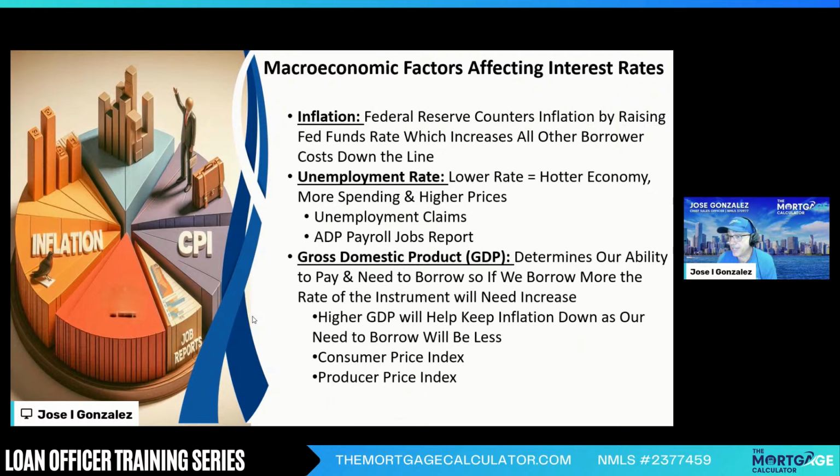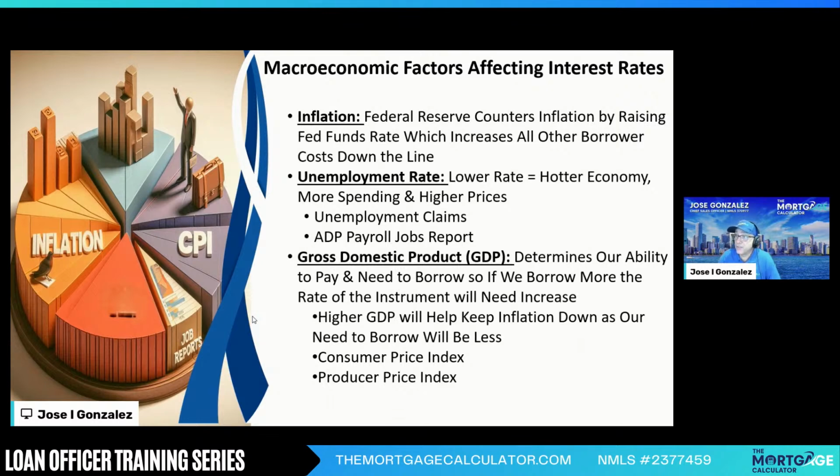We've got to maintain the value of that instrument, so we have to increase the price. Unfortunately, you have to increase the yield. When you increase the yield, that's the same as increasing the rate, and that's what happens. So higher GDP will keep inflation down as our need to borrow will be less. Lower GDP will probably increase inflation as our need to borrow will increase.